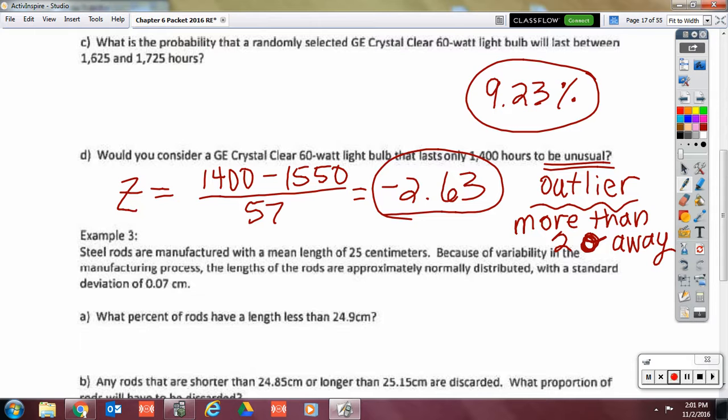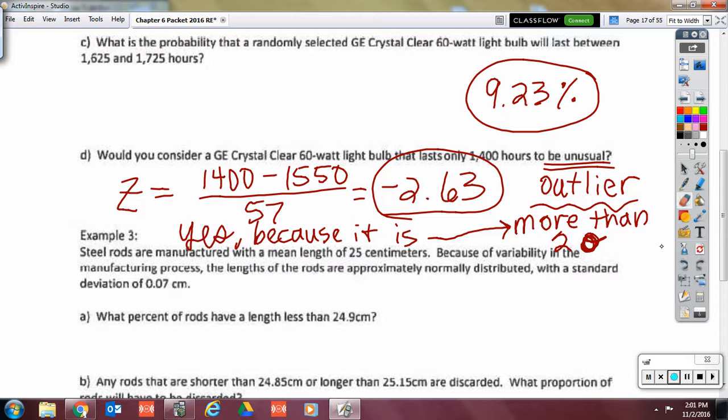So is this bulb unusual? I'm going to say yes, because it is more than 2 standard deviations below the mean. All right, so it is unusual.